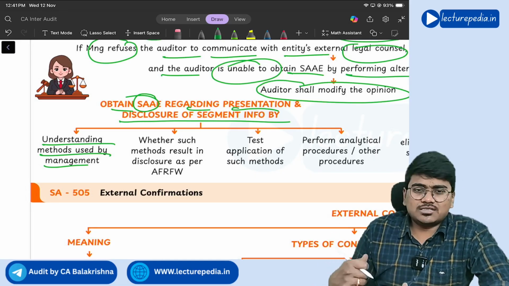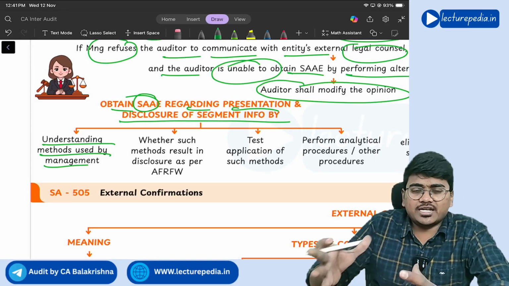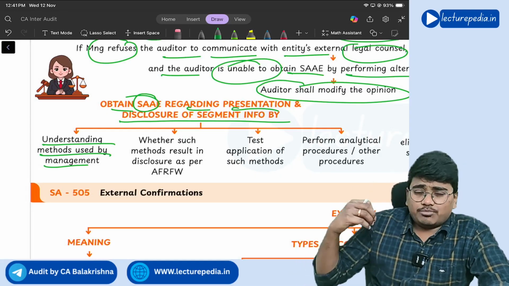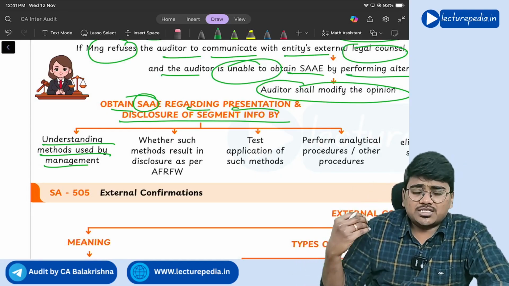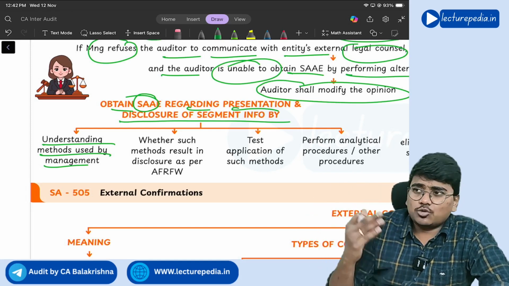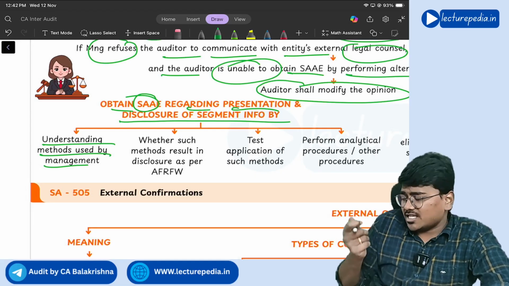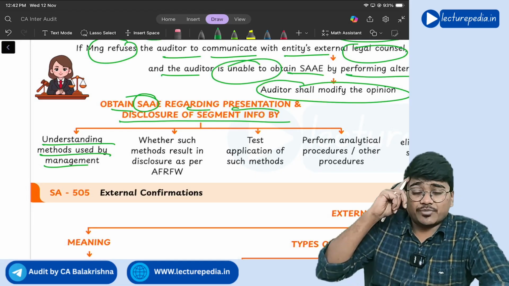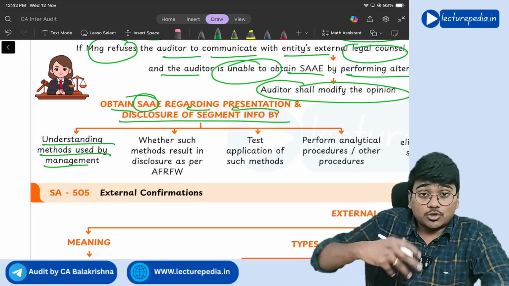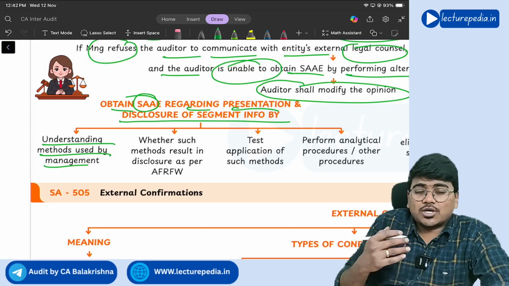Basically the accounting standards, Indian accounting standards, have prescribed certain methods for bifurcating the revenue and the expenditure, because the expenditures that you maintain in the books of accounts will be for the overall company, but in segment information you are bifurcating product wise or location wise. In such a situation, expenditure should also be bifurcated. For that, how are you bifurcating the expenditure? So you will follow certain methods. Correct? Next, the auditor has to understand those methods.